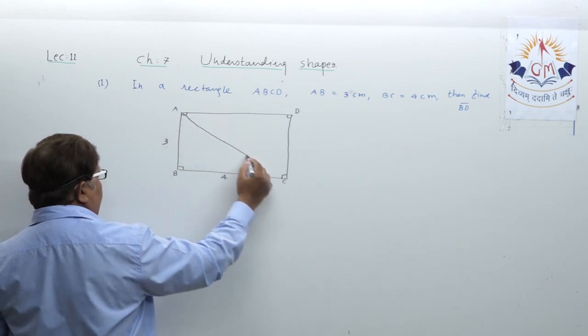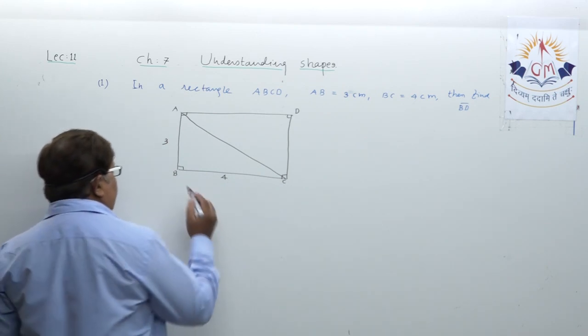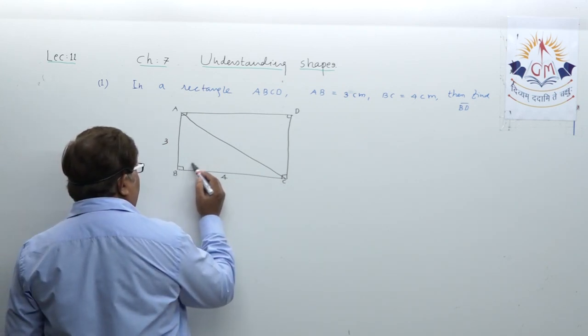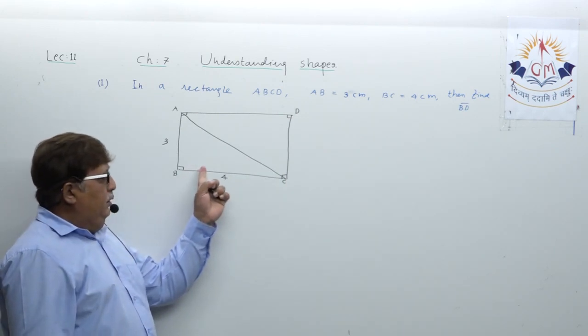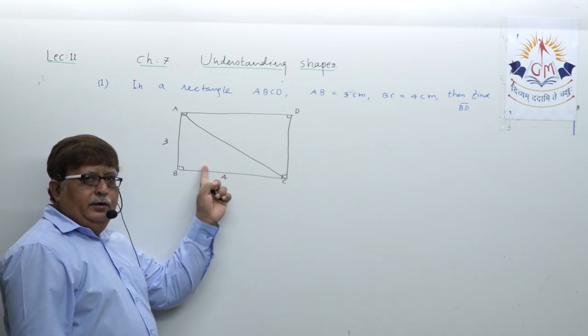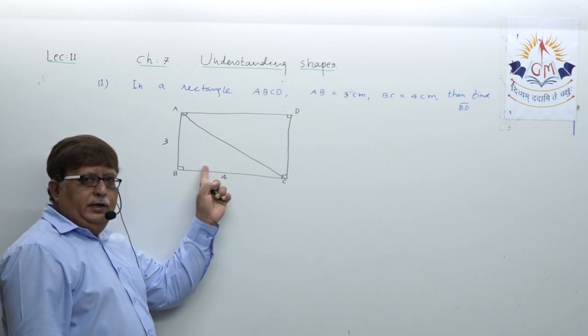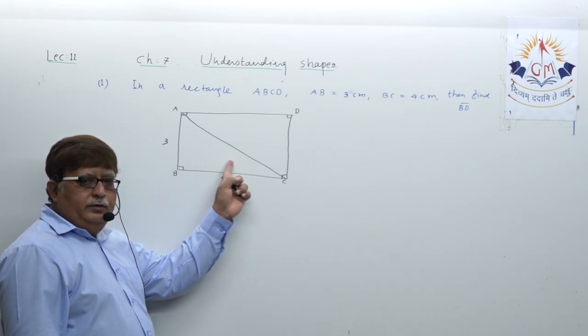Let me draw only one diagonal AC. I am intentionally not drawing the diagonal BD. Understood? Can you understand now? This is a right angle triangle where we can apply Pythagoras theorem and we will find AC.